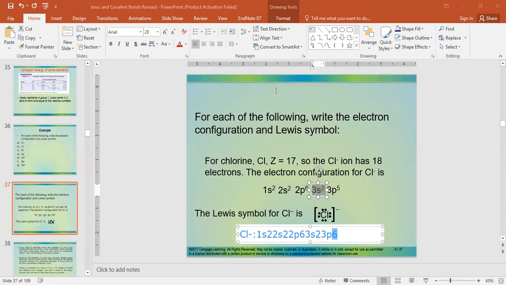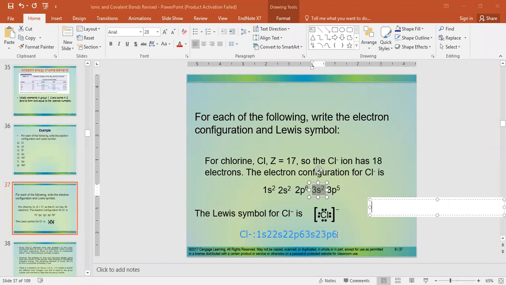Yes, Prof. So that means that this thing is wrong because they are saying the electron configuration of chloride ion is this, and the 3p has 5 only. Pardon? It is reading that the electron configuration of chloride ion is 1s2, 2s2, 2p6, 3s2, and 3p5, but it has gained an electron. The chloride has already formed a 3p6.